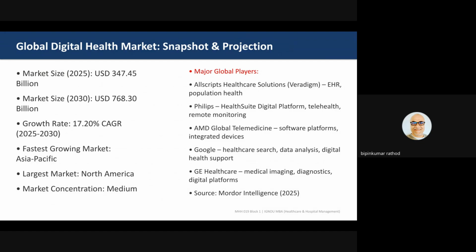So as a postgraduate degree holder from the Indira Gandhi National Open University, you don't have any restricted career trajectory from your original degree, but you will also explore many more career options. So you see, this global digital health market snapshot and projection itself is a huge opportunity for students like you who are pursuing this master's in hospital and healthcare.